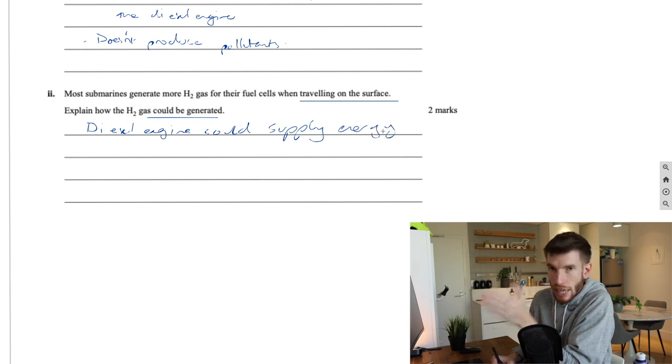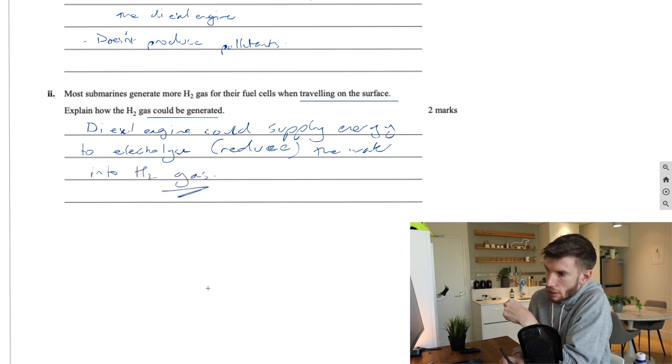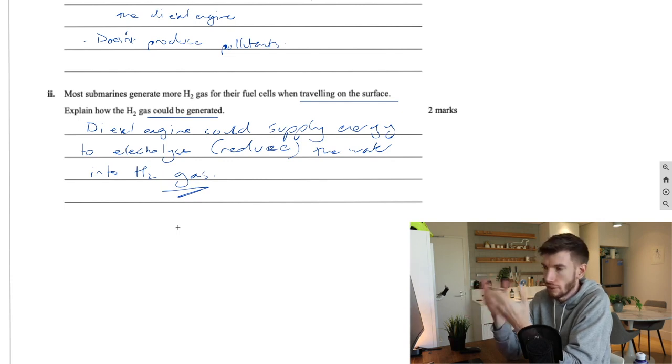Show them that you know that energy needs to be supplied to electrolyze, and in this case that is going to reduce the ocean water into hydrogen gas. So as long as you've mentioned electrolysis, that there's supply that's needed, and what reactant is going to be electrolyzed, then you'll get your 2 marks there.